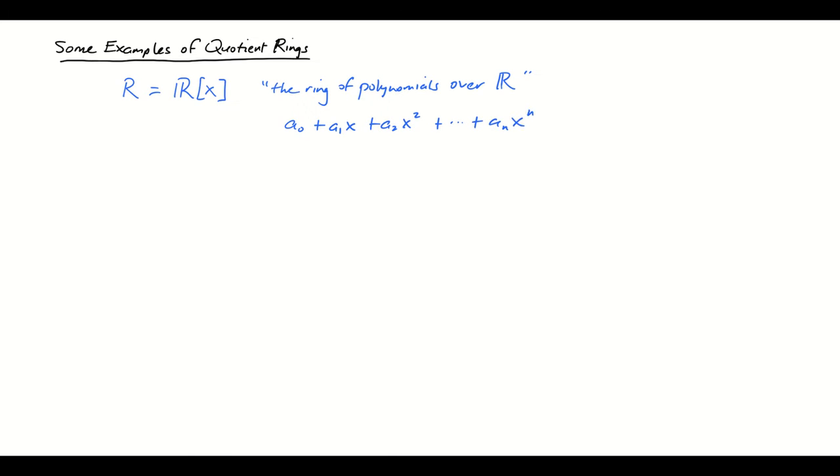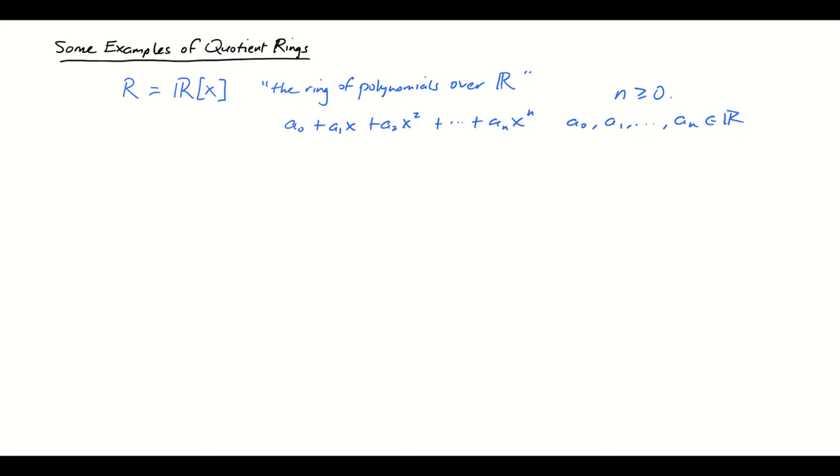For both of these examples, we're going to start with the ring R[x], the ring of polynomials over R. In other words, that's the set of all polynomials that can be written in the form a0 plus a1x plus a2x squared, etc., up to an x to the n, where a0, a1 through an are real numbers, and n is a whole number. All right, so that's the ring we're going to be starting in.